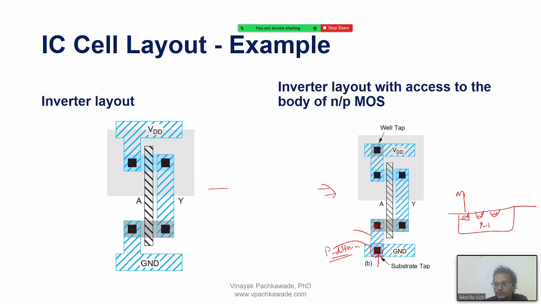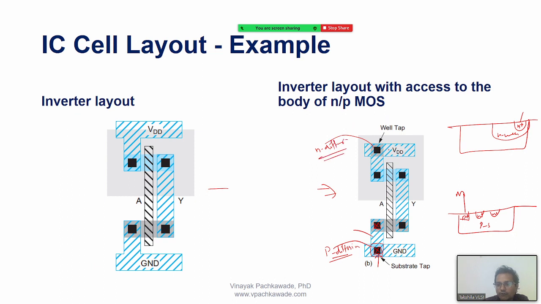For the n well, here is my n well. So I know that I need to add dopant and call it an n well. So what I do is that this gray shaded region in the well itself is called n diffusion.